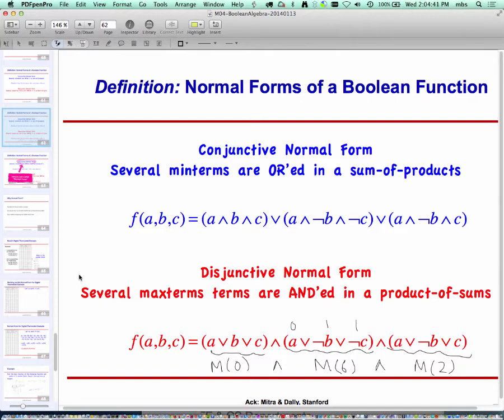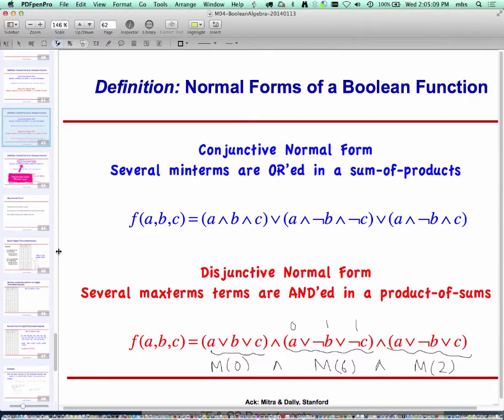Okay, so one thing I wanted to start out with is that last lecture, this is actually the module on Boolean algebra, and when I was covering this slide, for the max term case, I had said that the three max terms are M0, M6, and M2, and that was incorrect.